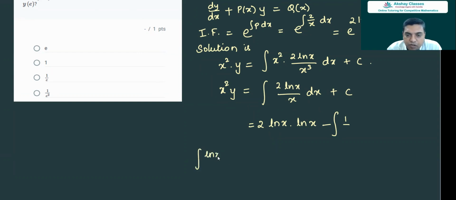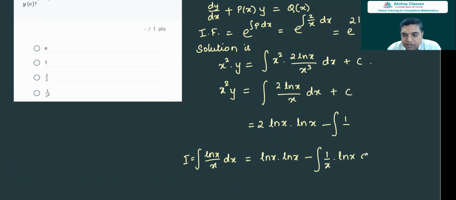Integral log x by x dx. Let's say this is I. So first function into integral of the second minus integral of derivative of the first, which becomes 1 by x, integral of the second becomes log x. So again, it repeats.